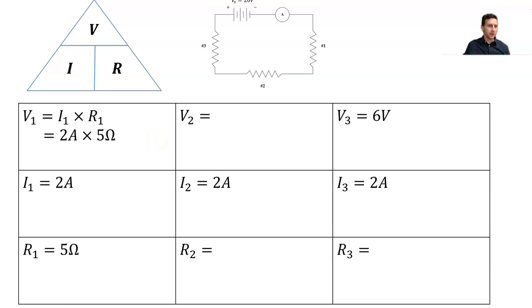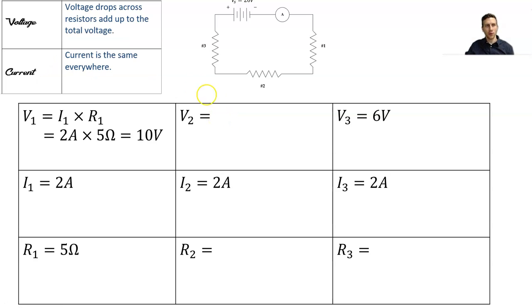Okay, and you're allowed to use a calculator. So 2 amps times 5 ohms, that is 10, and voltage is measured in volts. So we've just solved another box there. For this one, it would be nice if we had the resistance, but we don't have the resistance, so we can't use Ohm's law to solve for V2.